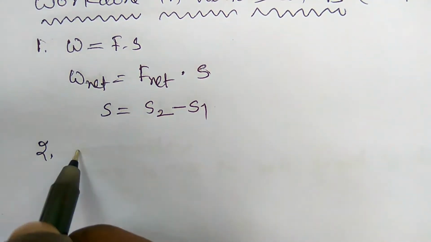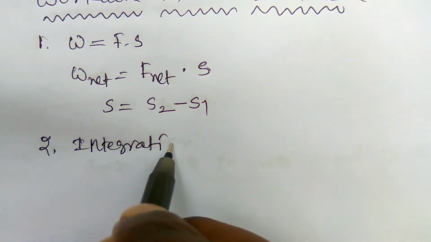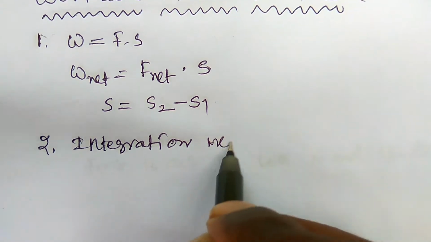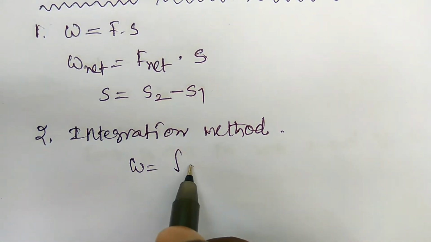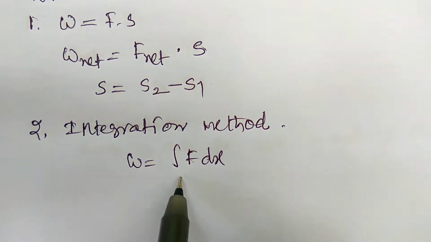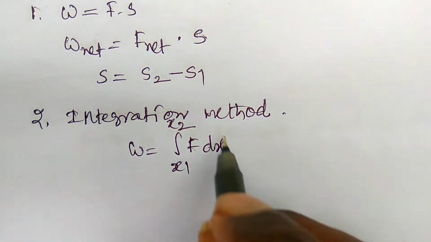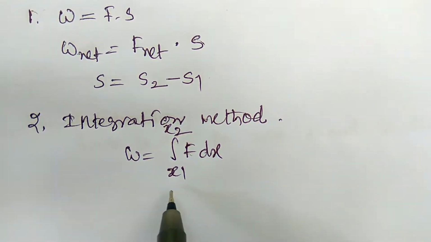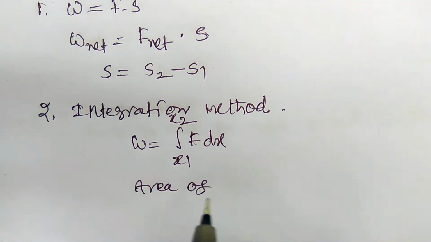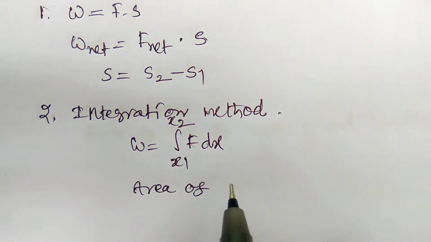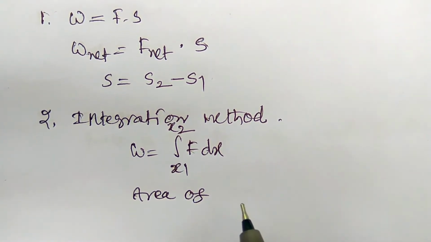The second formula is the integration method. In the integration method, the work done W is equal to the integral of F dx, with limits from x1 to x2. Here they are asking for the area of a certain shape, a triangle or rectangle or whatever.